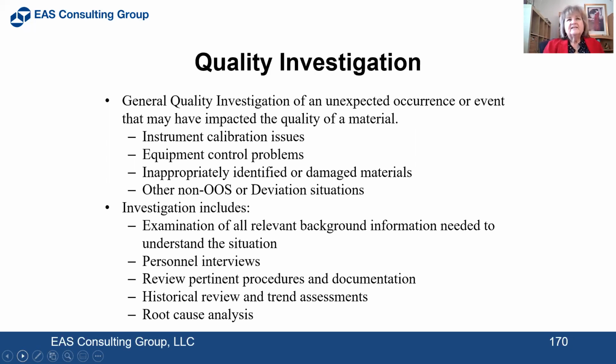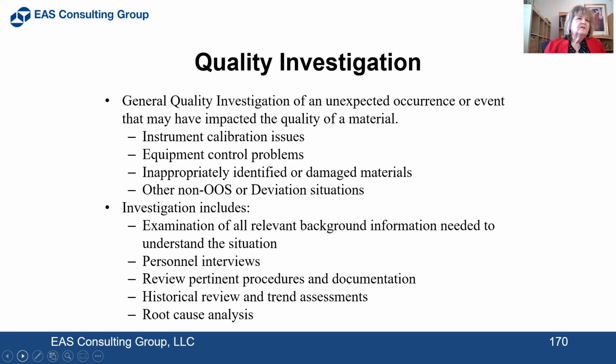Next, general quality investigation of an unexpected occurrence or event that may have impacted the quality of a material. You might have had instrument calibration issues, equipment control problems, inappropriately identified or damaged material, or other non-OOS or non-deviation situations.